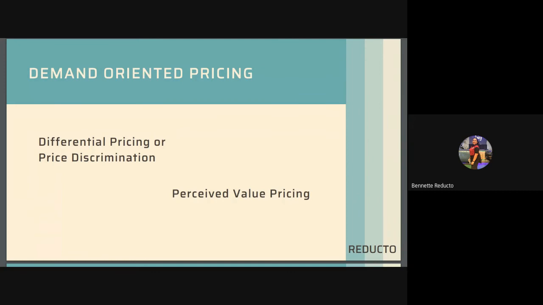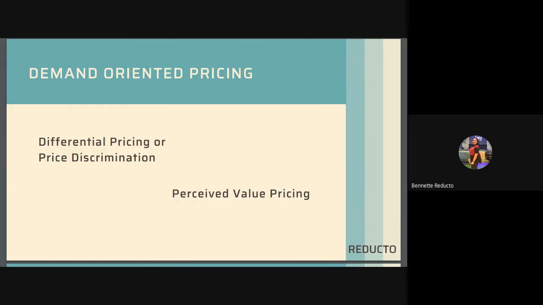We'll move on to demand-oriented pricing. The first one is differential pricing or price discrimination. There are several bases on which price discrimination is practiced. The first one is time price differentials, wherein the price is determined based on time, because the demand may shift based on the time.